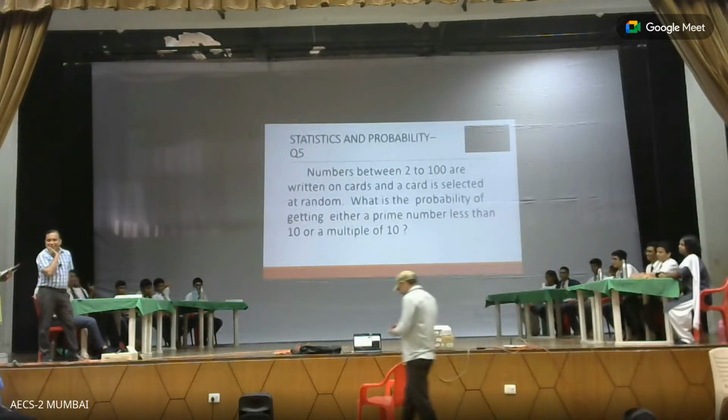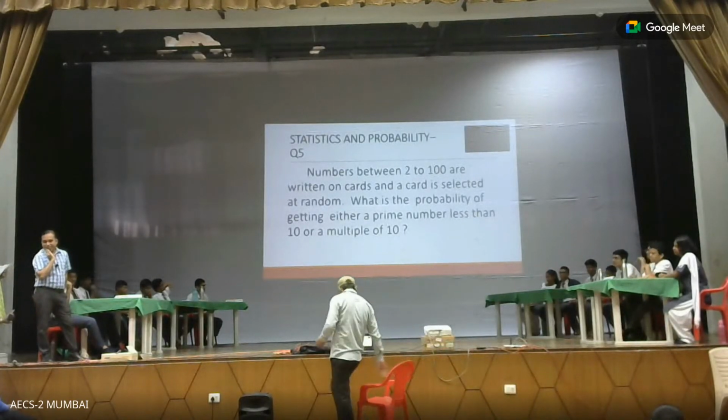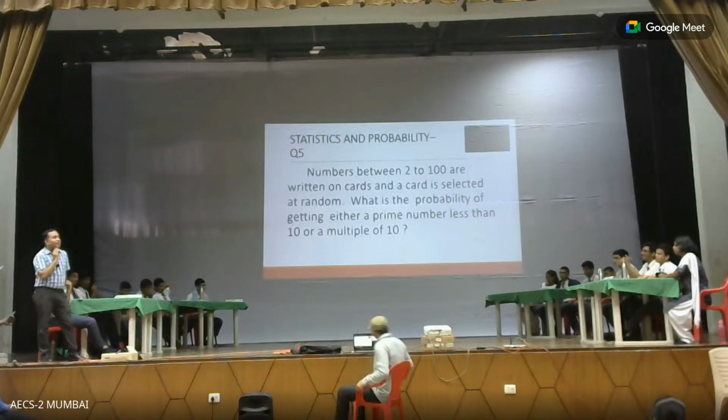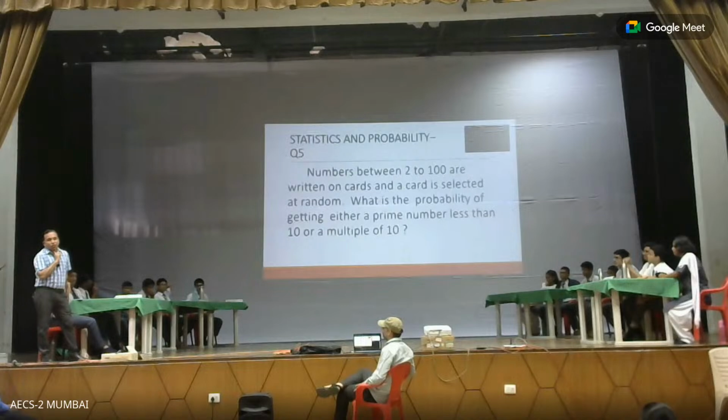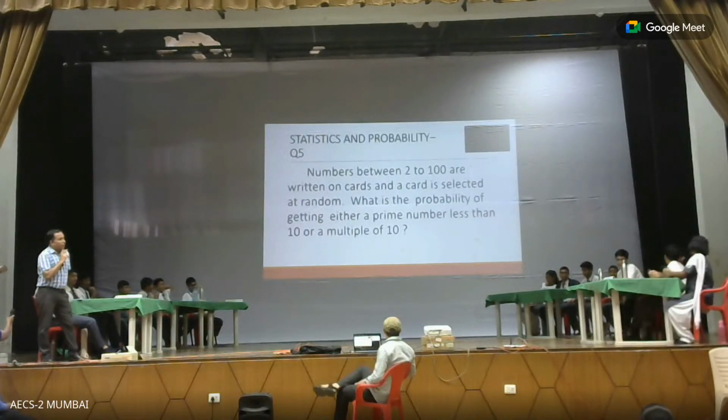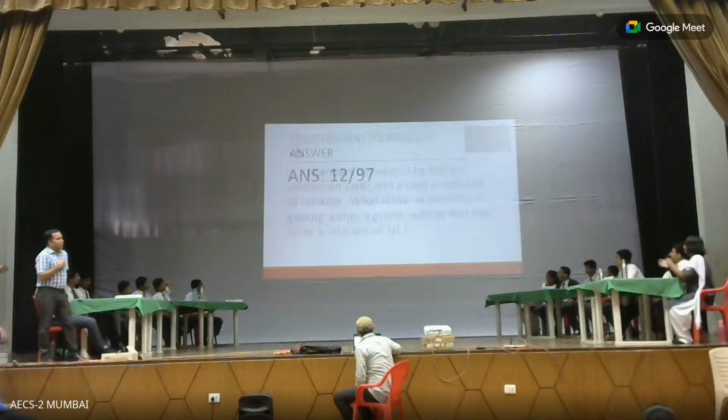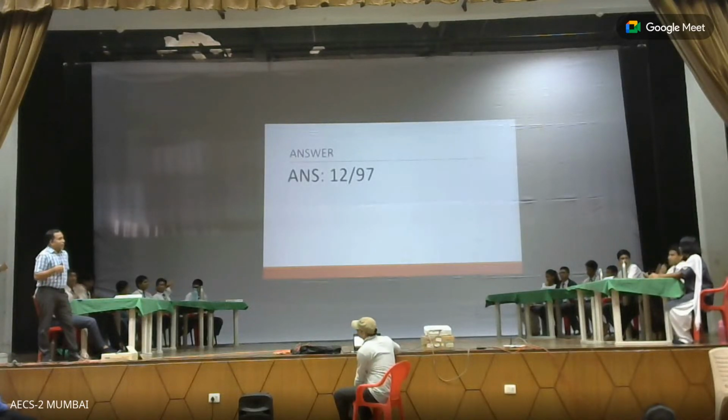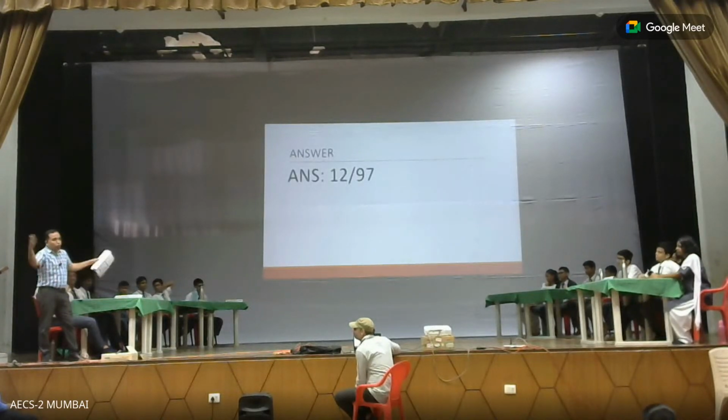Children, when between comes, it should come in between. This too contains ambiguity, and as a quiz master, I would not go into a gray area. I would prefer to drop this question. Can we have the answer on the screen, please? 12 by 97, if I exclude the boundary elements.